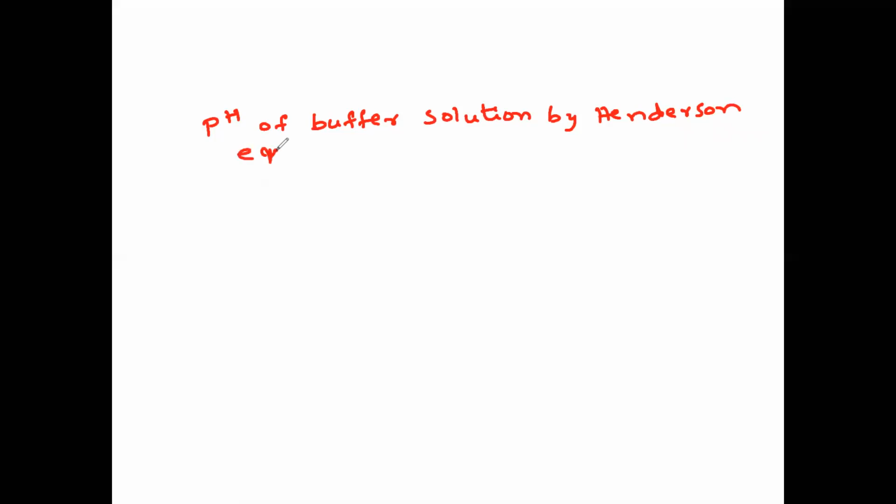The second point we did is buffer capacity, and more numericals on buffer solutions and buffer capacity. All the 3 types of numericals are most important.